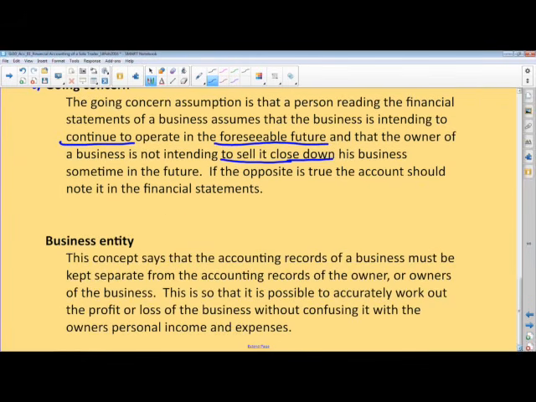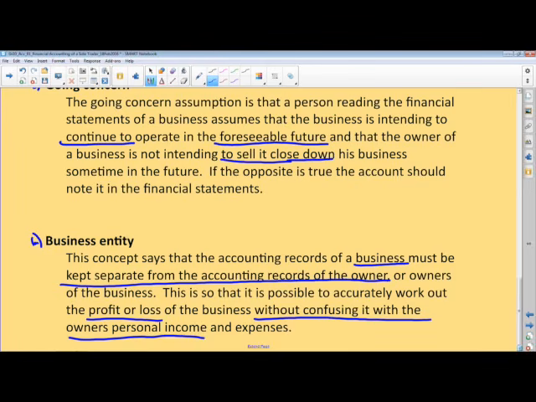We have the business entity. This concept says that accounting records of a business must be kept separate from the accounting records of the owner. This is so that it is possible to accurately work out the profit and loss of the business without confusing it with the owner's personal income or expenses.